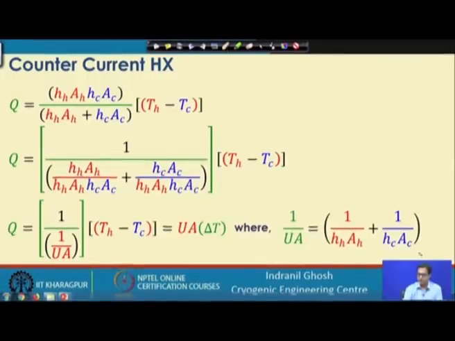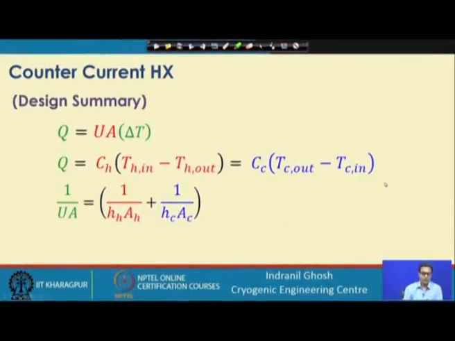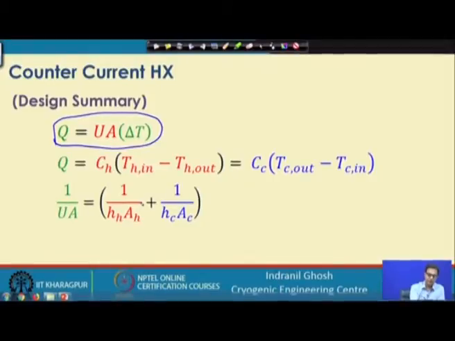If we now go to the next slide, so in summary we can say that Q is given by UA delta T, and this is the final outcome we have seen, where 1 by UA is related to the individual heat transfer resistances offered by the cold and the hot fluid, and over and above we have the individual energy balance for the hot and the cold fluid.